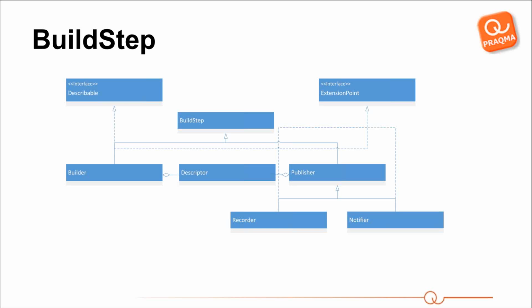There are also extension points, and you can see here we also have a publisher, which, as I said on the previous slide, can be either a recorder or notifier. We're going to use a recorder in this case, but they are used to aggregate results. And I won't go into much detail on the class hierarchy in Jenkins, because that's not what you usually do when you start creating plugins in Jenkins. By far the easiest way is to open a plugin and see what's in there.